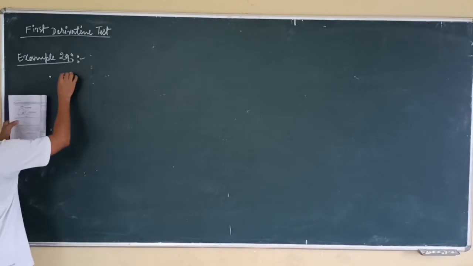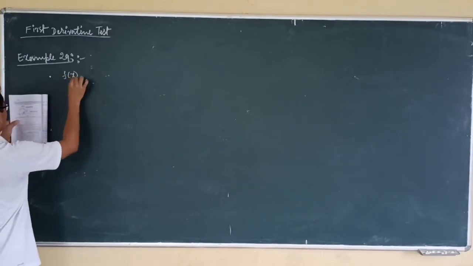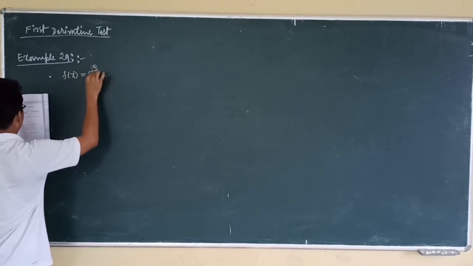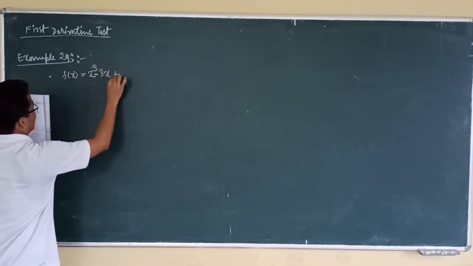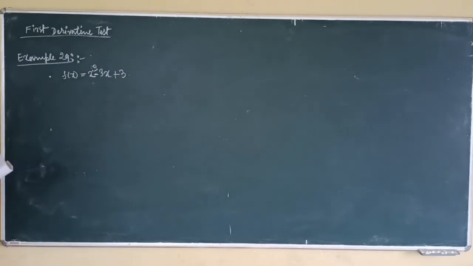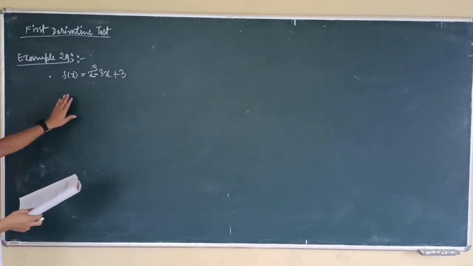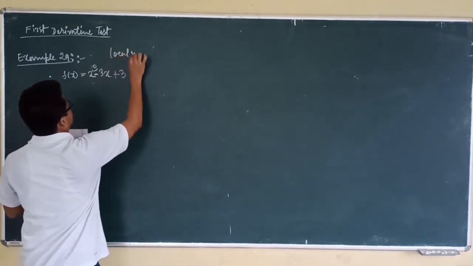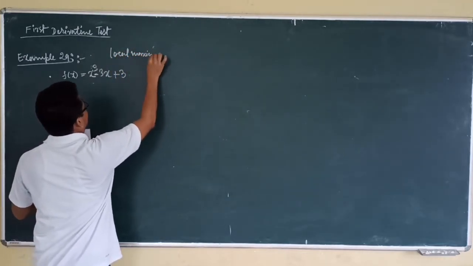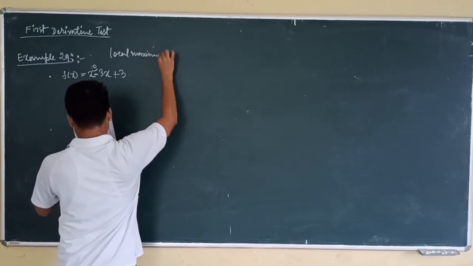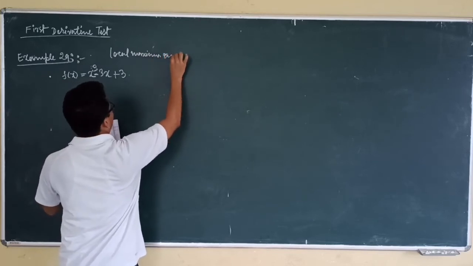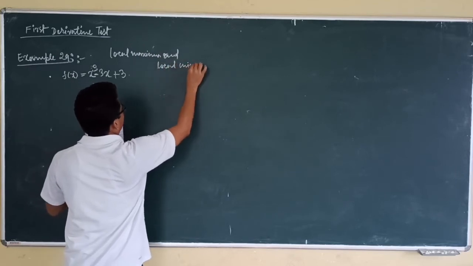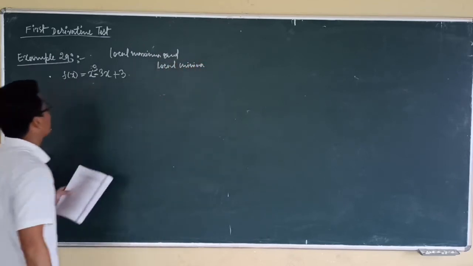the function f of x, which is x cube minus 3x plus 3. We are going to find the local maxima and local minima of this function.